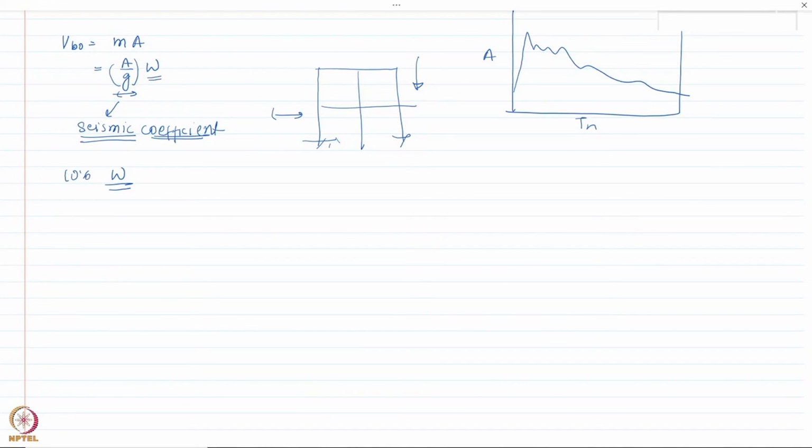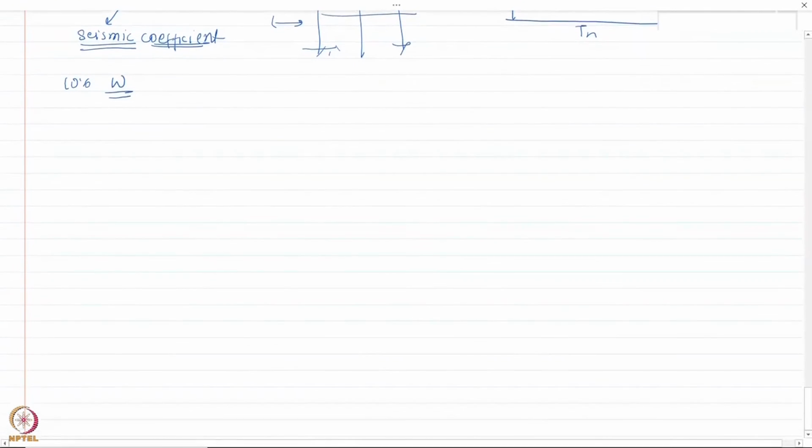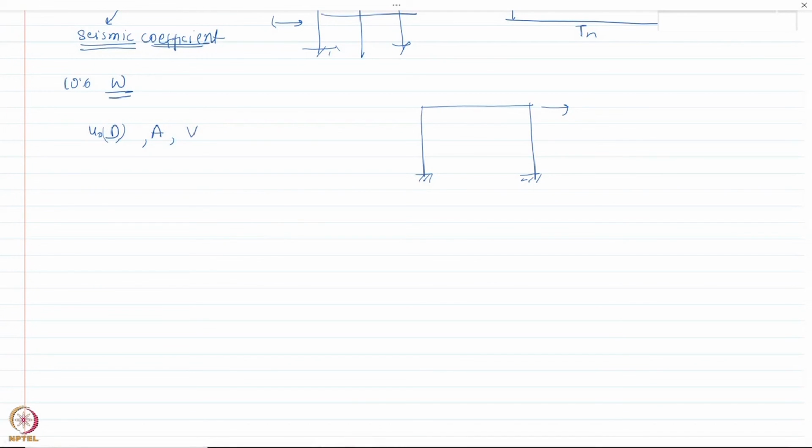All right. Now let us get into finding out the peak responses. Back to peak responses, we have already discussed that if somehow I can get my u naught or d, or let us say pseudo acceleration, or even v, then I can go ahead and do the equivalent static analysis. So let us say fso is equal to k times u naught or k times d, or also equal to mass times acceleration.